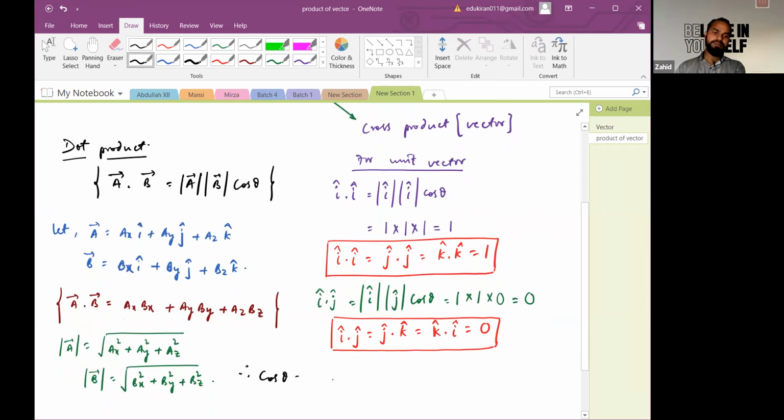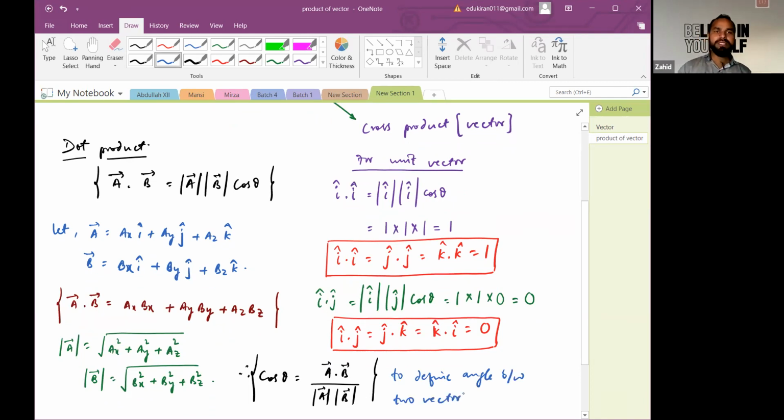Cos theta is equal to the dot product of the two vectors divided by mod of A and mod of B. So this is another formula to calculate the angle between any two vectors. Just write it down. I'm giving you an example related to this.